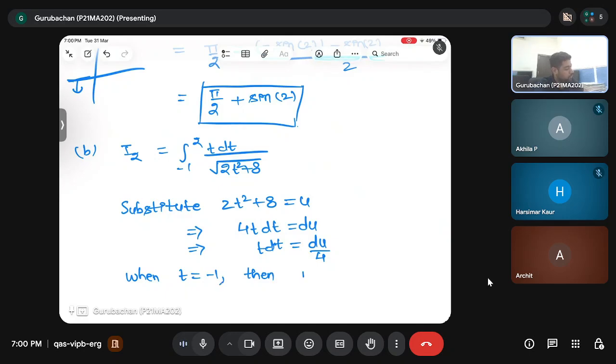This is a common mistake. When t is equal to minus 1, u will be 10. When t is equal to 2, then u is equal to 16. Yes, sir.